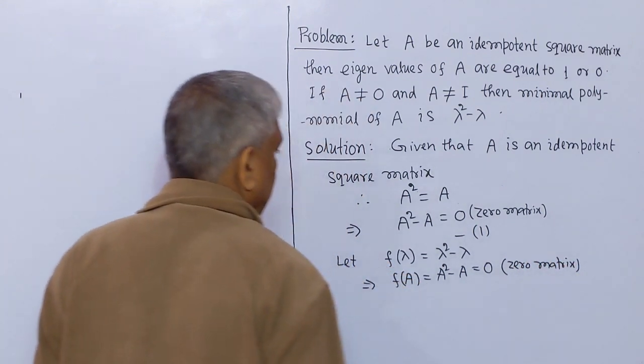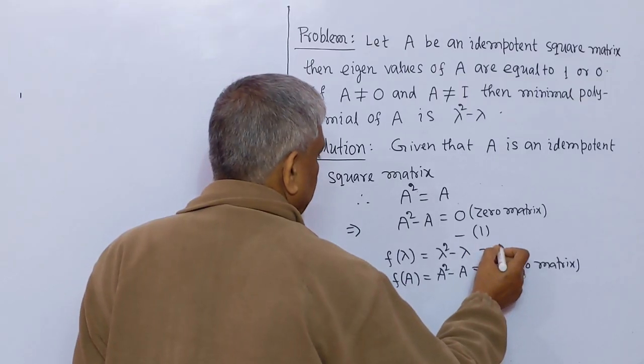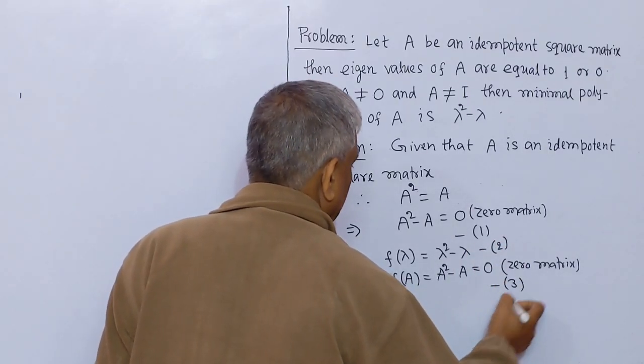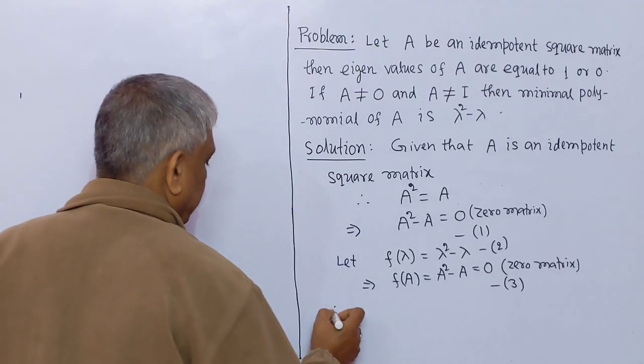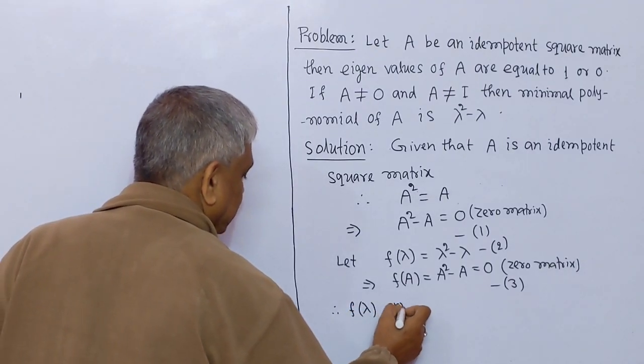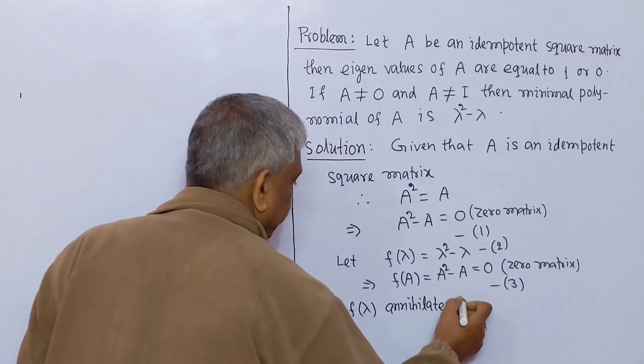Let this be number 2. This is number 3. Therefore, f(lambda) annihilates the matrix A.